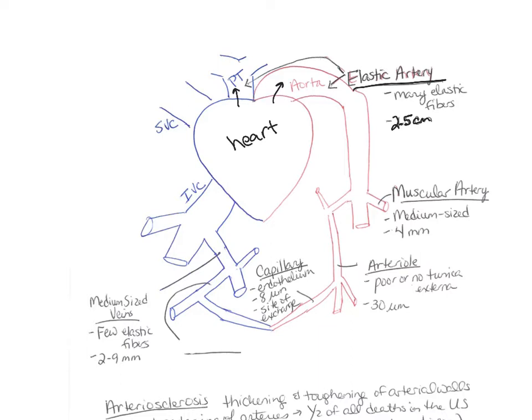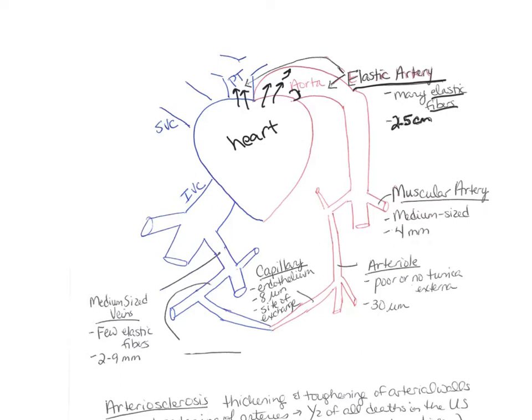And so when the heart beats, it really pushes that blood out into those arteries. Those arteries have to have a lot of elastic fibers in order to support all that pressure pushing up against the walls. They have to be able to expand and then come back to their normal diameter.